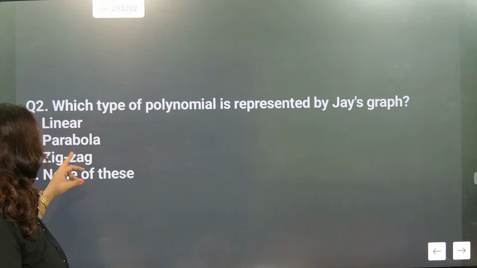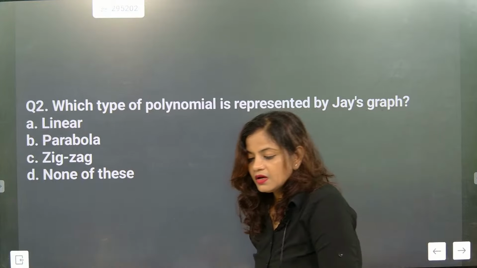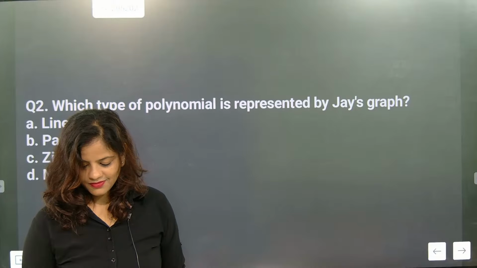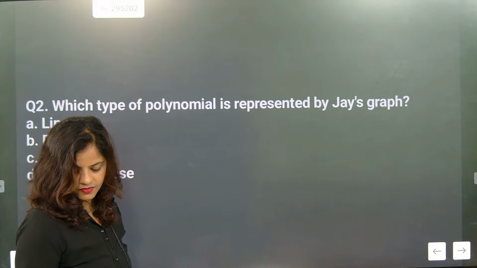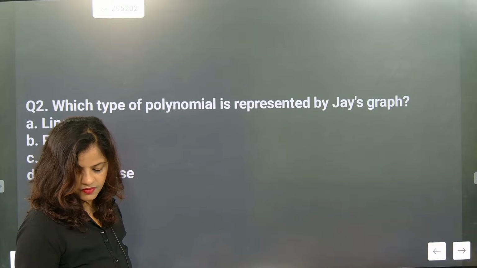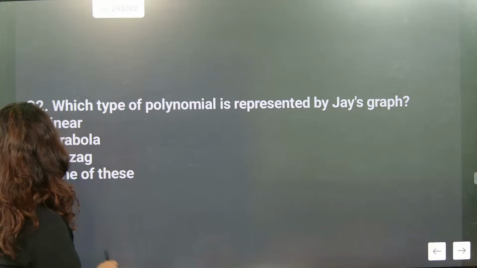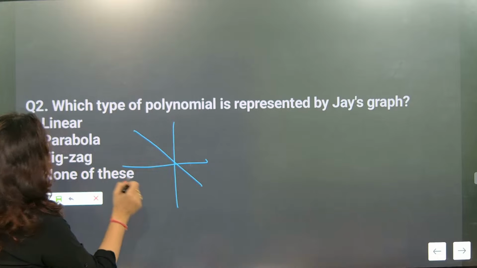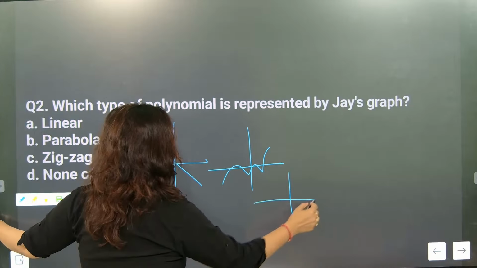Linear, parabolic, zigzag, or none of these? I think Jay has made a graph like this, and Richa has made a graph like this.